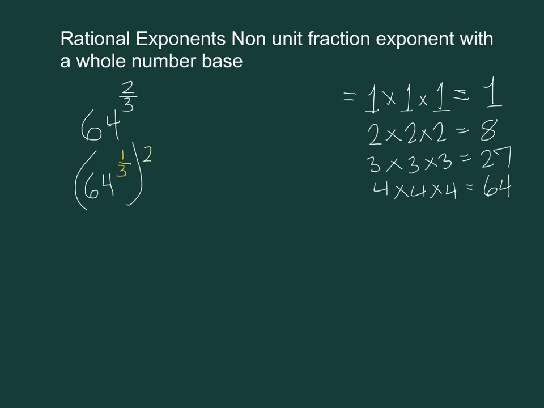So I know that this is 1 to the 3rd power, this is 2 to the 3rd power, this is 3 to the 3rd power, and this is 4 to the 3rd power. Because there's 64 there, I can replace 64 with 4 to the 3rd power.